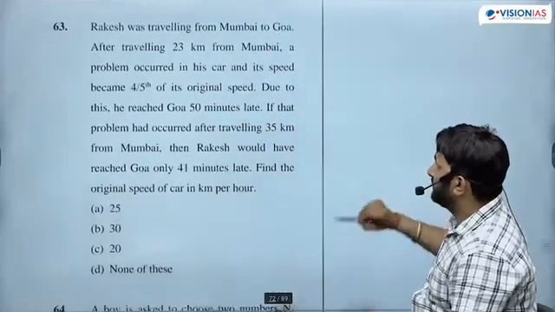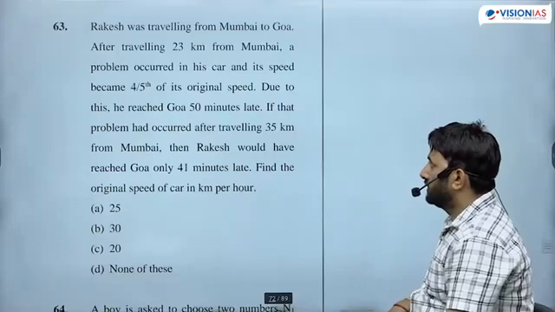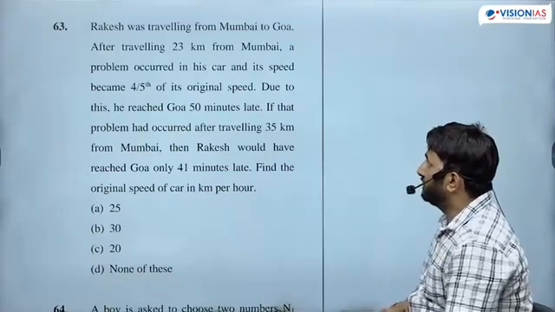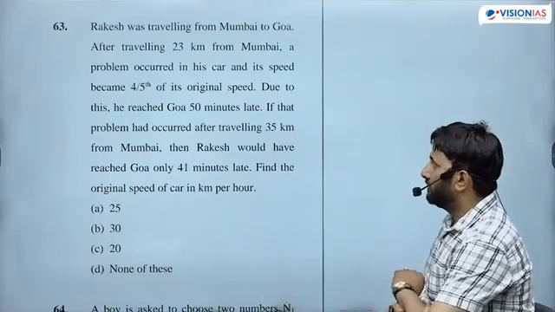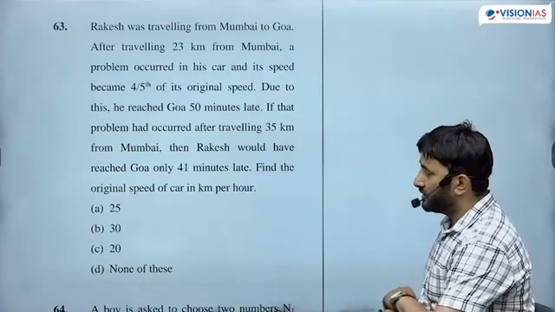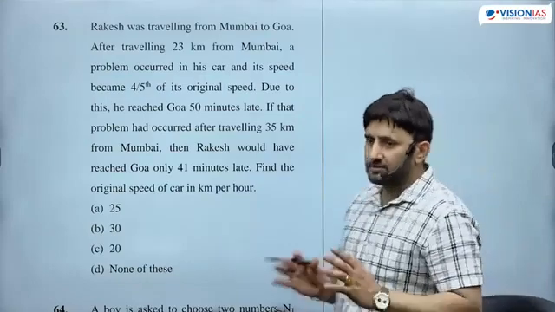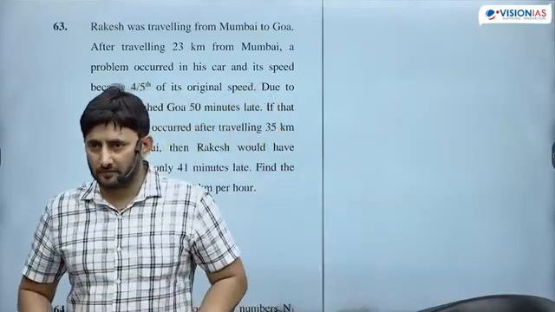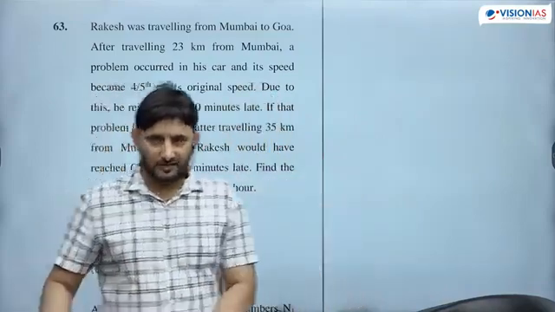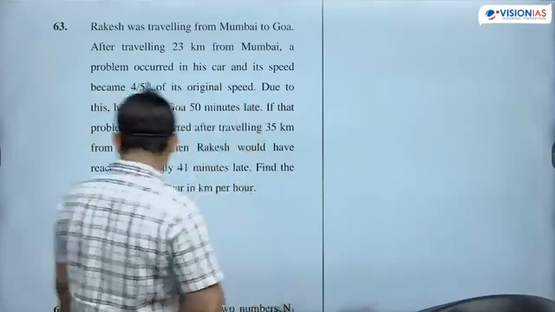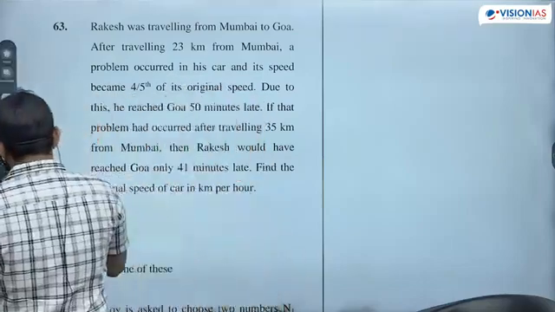Rakesh was traveling from Mumbai to Goa. After traveling 23 kilometers from Mumbai, a problem occurred in the car and the speed became 4/5. But if the speed becomes 4/5, then the time will become 5/4. Speed is inversely proportional to the time taken if the distance is constant.